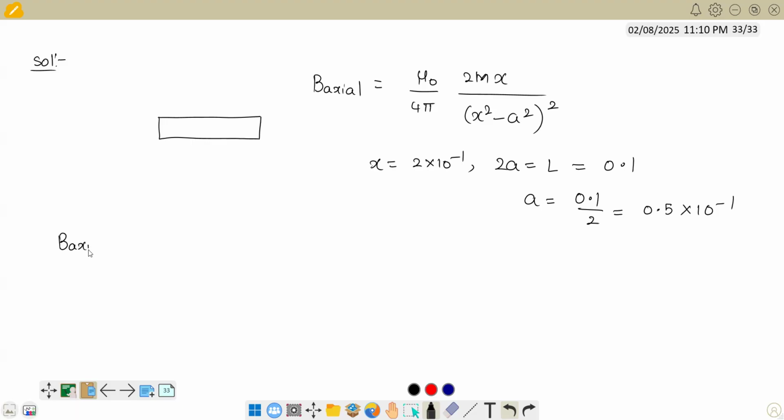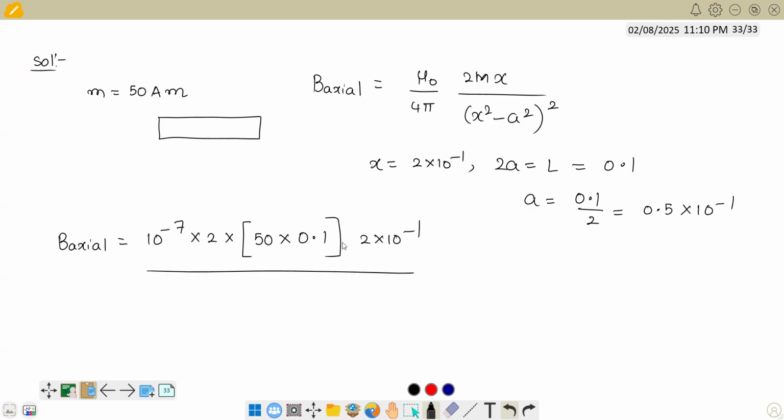B at the axial point would become 10 power minus 7 into 2 into M. Magnetic pole strength small m is given as 50 ampere meter. If you want capital M, you have to multiply the pole strength with the length, that is 0.1 meters, into x value. In place of x, I will write 2 into 10 power minus 1, divided by x square.